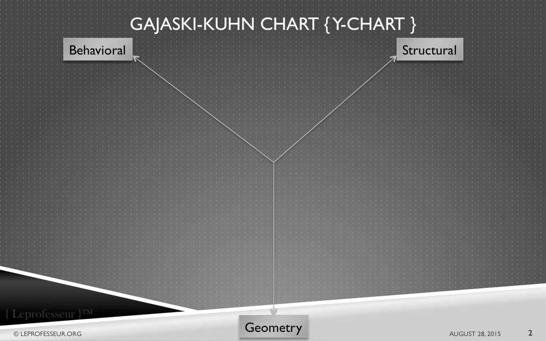In the structural dimension, we define what the different components of this chip are, how they are connected, how much memory, what the processing units are, and those kinds of things. At the geometrical level, we define how the different components are going to be laid out.